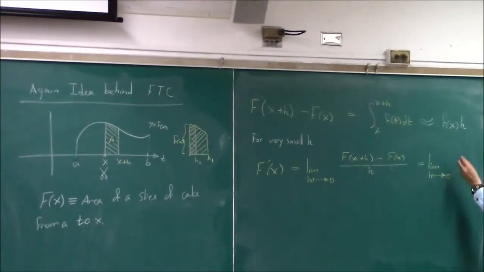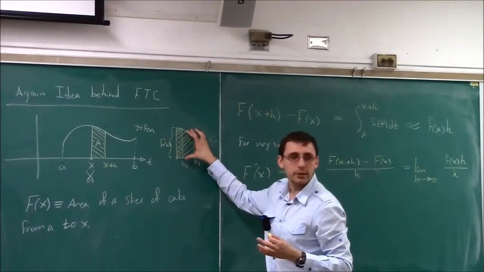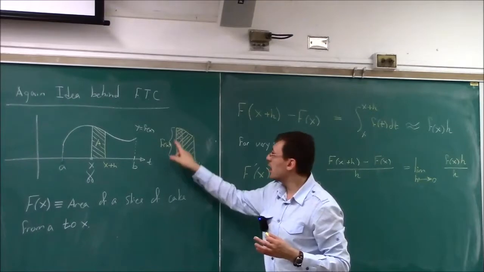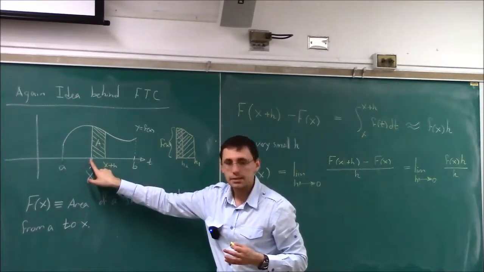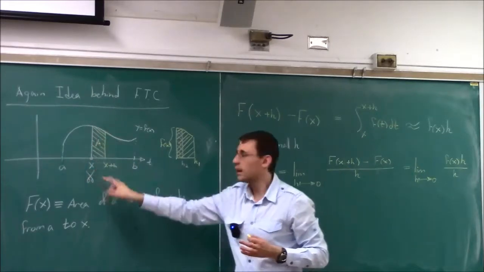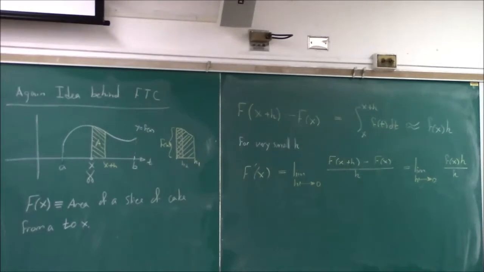So this is the limit as h goes to 0 of f of x times h divided by h. And you see what I'm using? I'm saying that if h is very small, the cutoff shape is nearly a rectangle, and the height of that rectangle is nearly that edge at x, f of x. And its width is always h. However small I take the h, its width is going to be estimated as h.